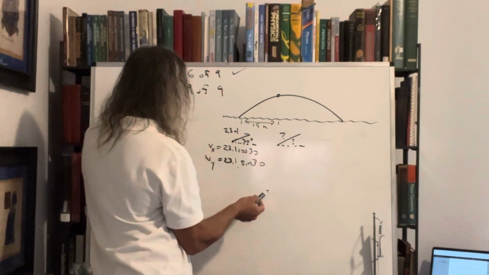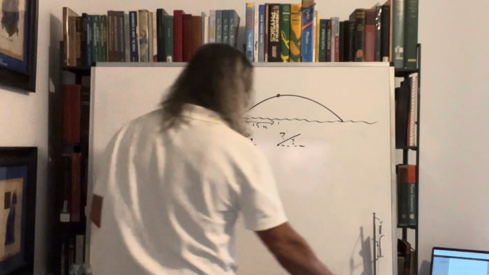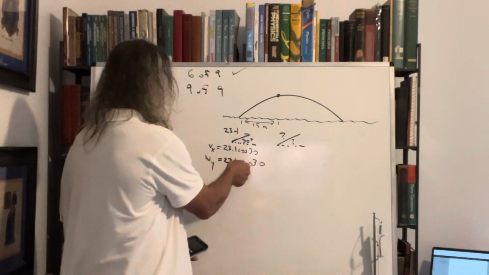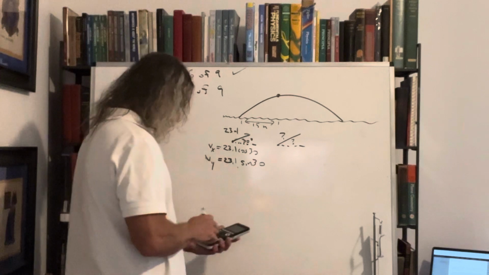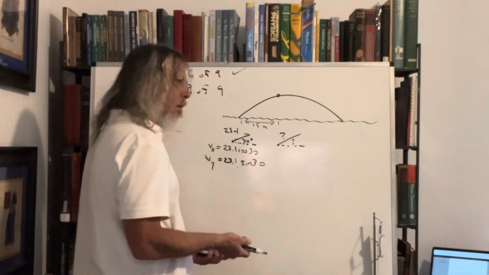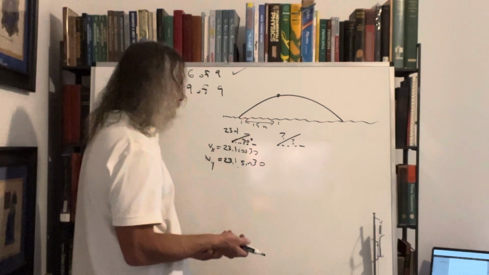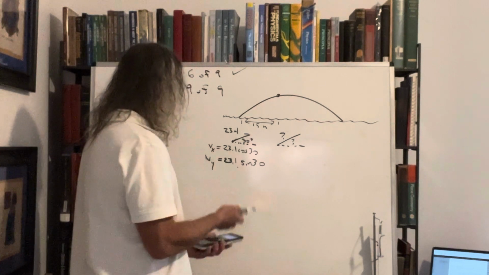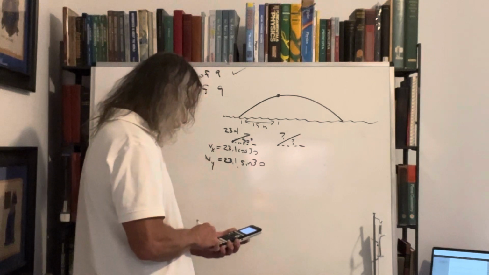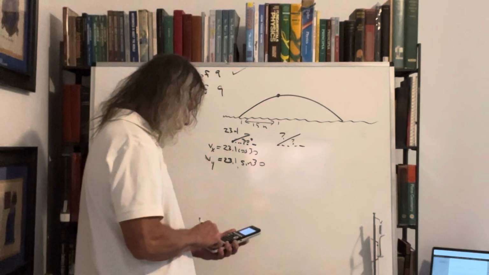Then we're going to have that as a half. So half of 23.1, that'll be 11.55 sine 30, 23.1 cosine 30.